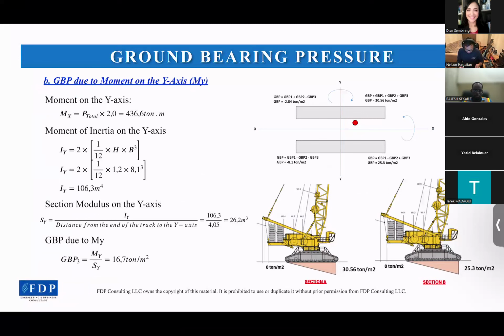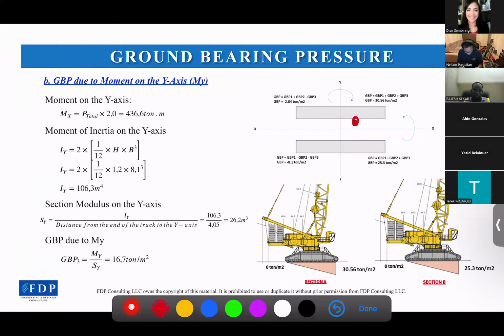To combine the ground bearing pressure, we should know the COG, correct? And if the COG has an offset, it will impact which side the crane will be rotating to. For this case, we found the COG is on the X positive and Y positive. If the COG is here, then due to the moment about the X-axis, the crane will be rotating to this side, correct?